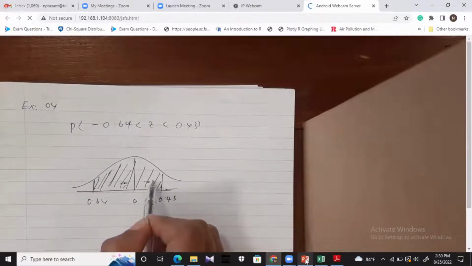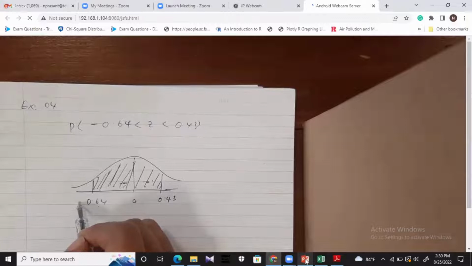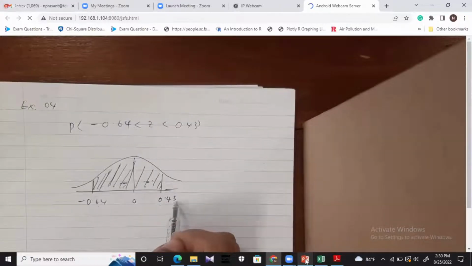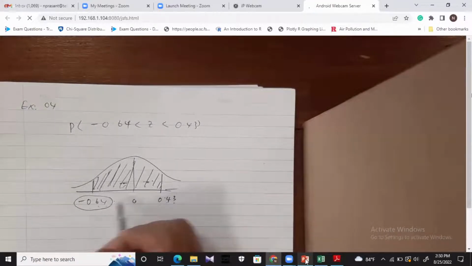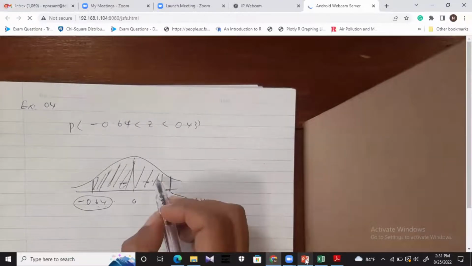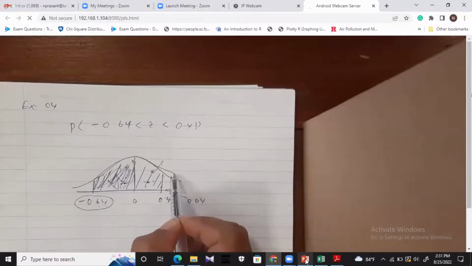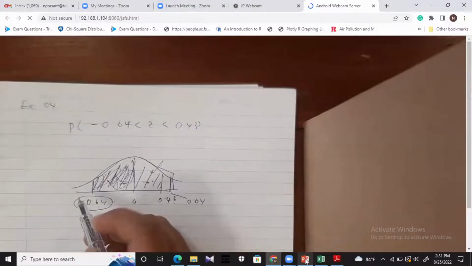This is 0.64. This is 0.43. So if you draw the corresponding positive z value of minus 0.64, that should be somewhere here. That means definitely this region is bigger than this. Okay. Anyway, we are going to find the entire region from minus 0.64 to plus 0.43.